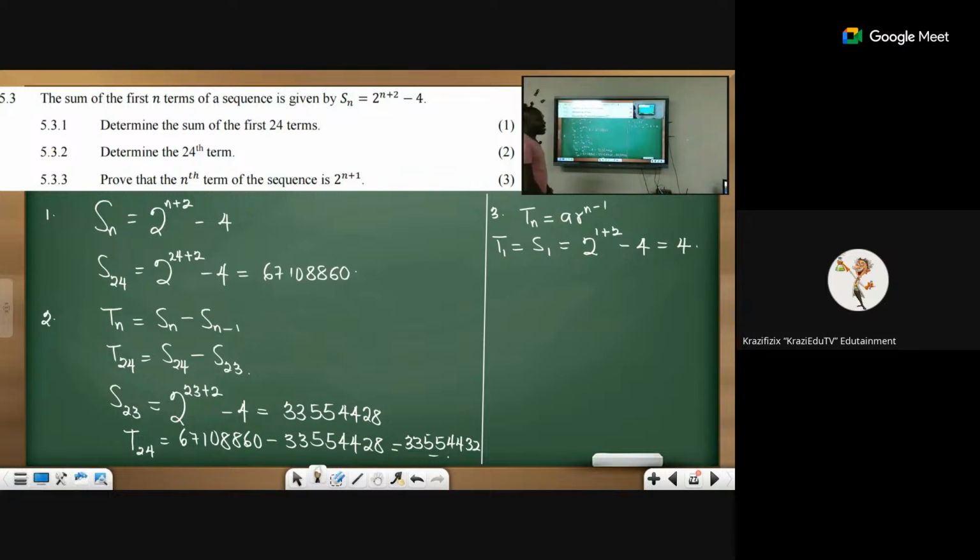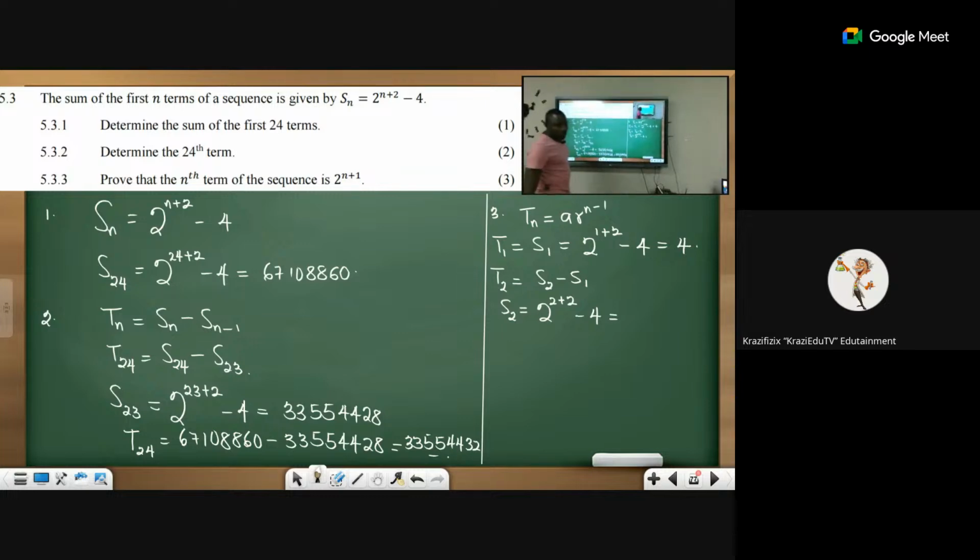All right. Can I get my T2 so that I can get my R? What is T2? T2 is S2 minus S1. See, I don't want to do shortcuts. I want us to do basic principles. So can I get S2? Yes, I can. You remember how to get S2? We substitute. 2 plus 2 there, minus 4.